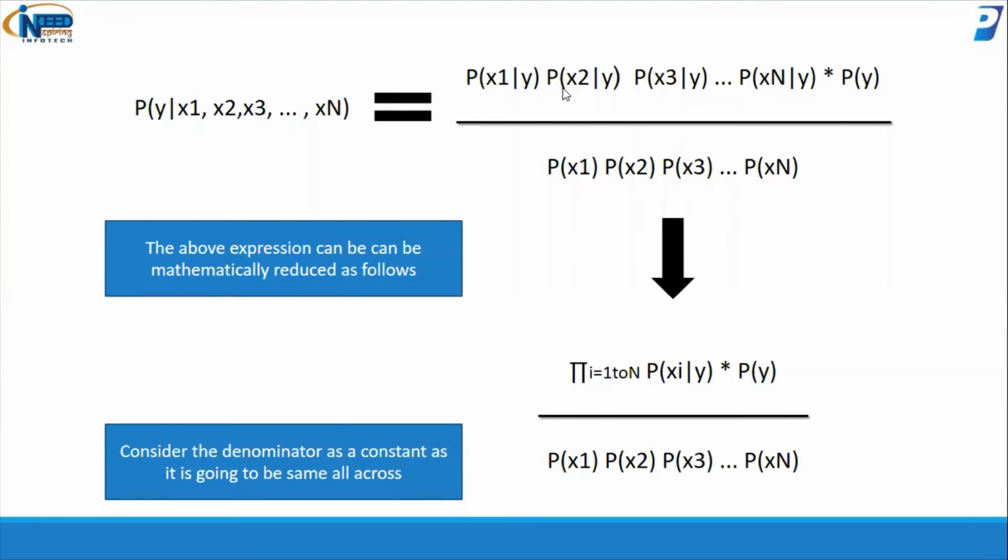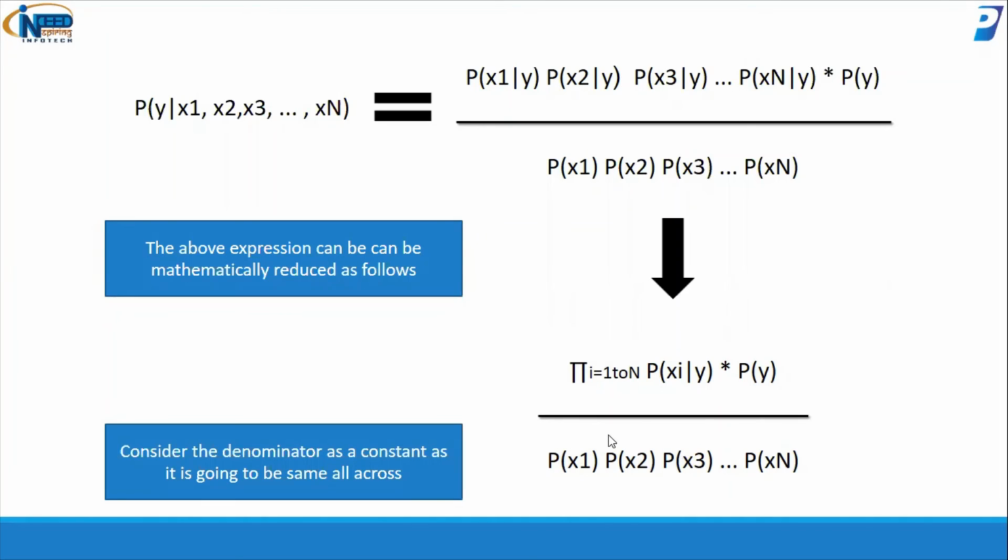Now we can reduce the numerator into this expression: the product, pi of i from 1 to n, of the probability of xi given that y has already occurred, multiplied by the probability of y. The expression has become simpler and understandable, divided by the probability of x1 into the probability of x2 into the probability of x3 till xn. So we have got the reduction of the numerator.